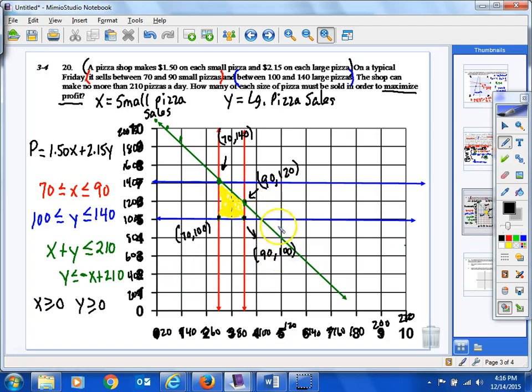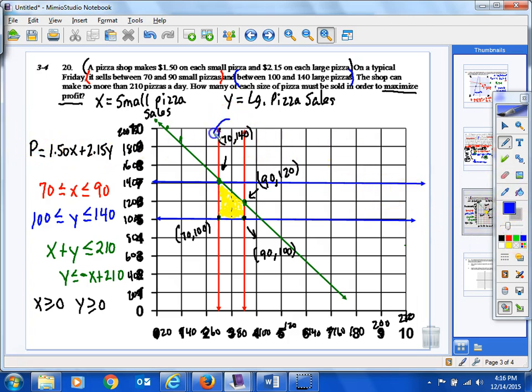Okay, and now it's going to be our job, and I won't take the time to do this. At this point, you're going to grab your calculator, and you're going to plug these 4 points, x and y, into your profit function. Again, the goal of this problem is to maximize profit. Which of these ordered pairs, combinations of small and large pizzas, would give you the largest number for P?